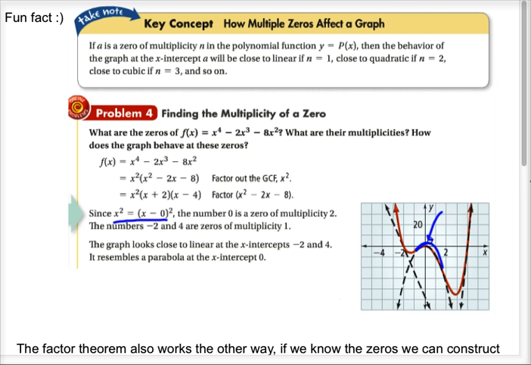So something that's really interesting is that those zeros with multiplicities take on the behavior of that degree of polynomial. So again, nothing that's going to be on a test for you, but just a little fun fact about how these multiplicities affect these graphs and functions.